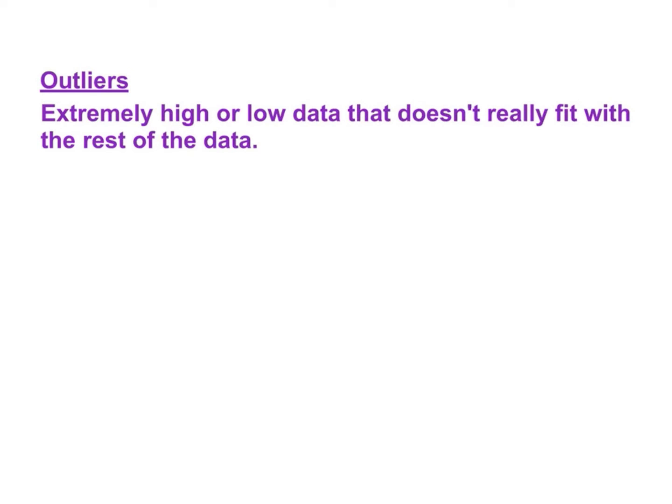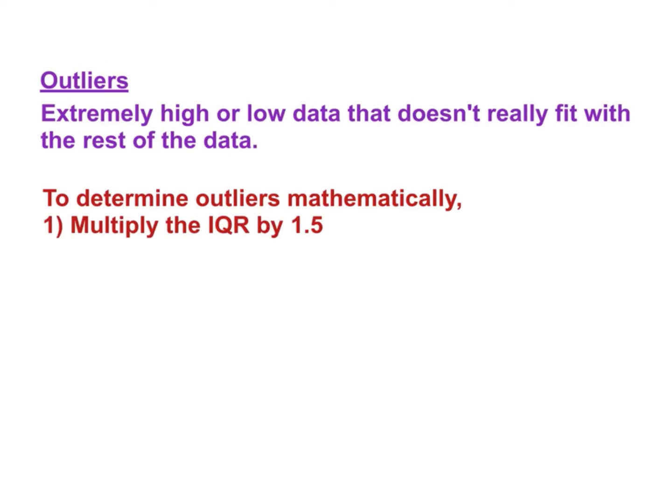In order to calculate it, this is why we use the IQR, the interquartile range. What we do is we take the interquartile range and we multiply it by 1.5. Then we take that value and create boundaries with it.